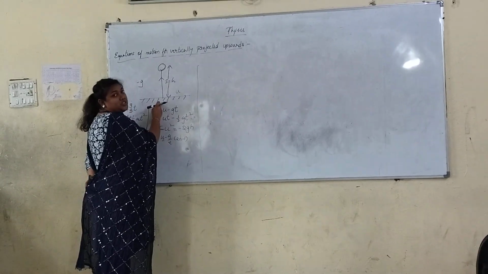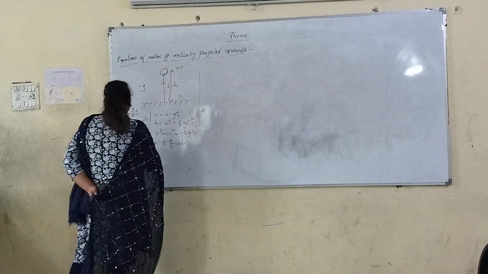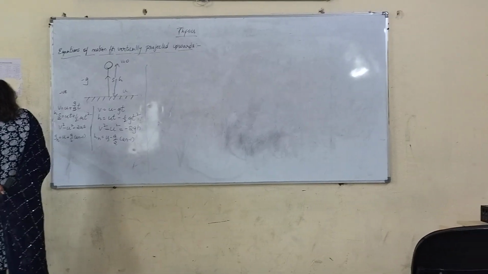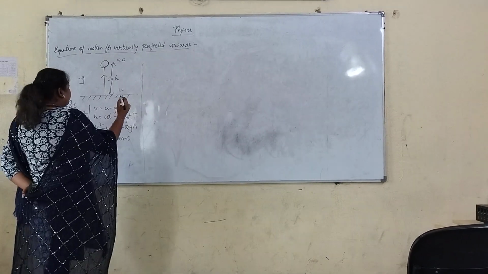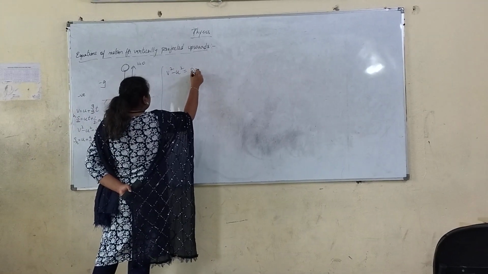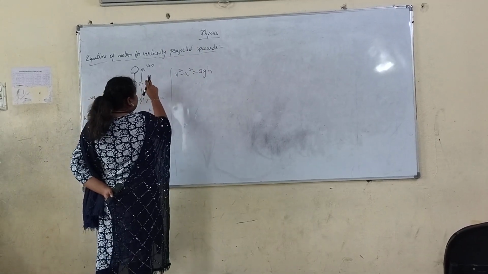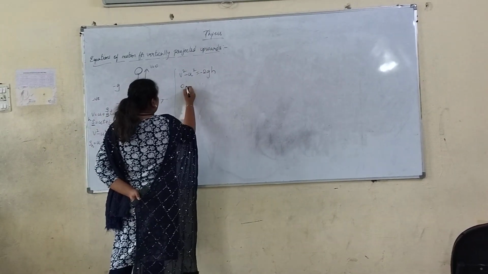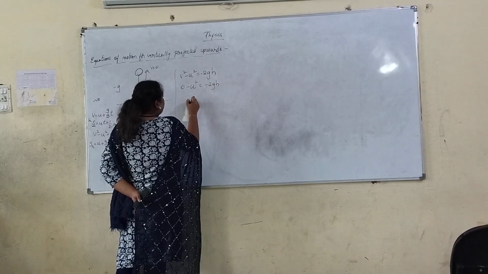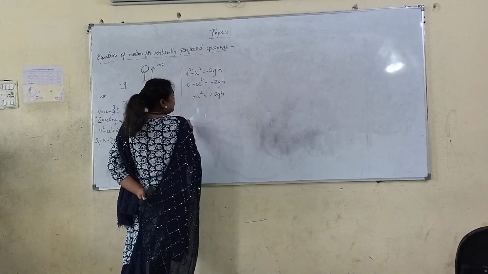When the body reaches its maximum height, the final velocity v equals 0. We have the equation v square minus u square equals minus 2gh. Now the v square will be 0, so 0 minus u square equals minus 2gh. Minus u square equals minus 2gh, and the minus signs get cancelled.